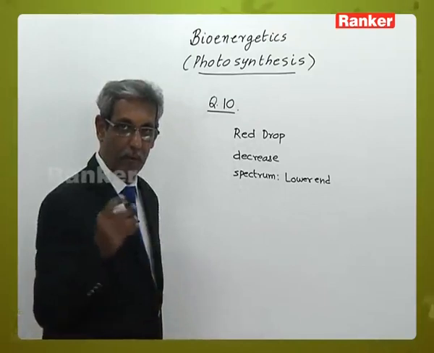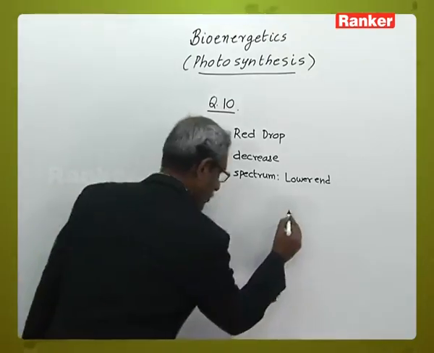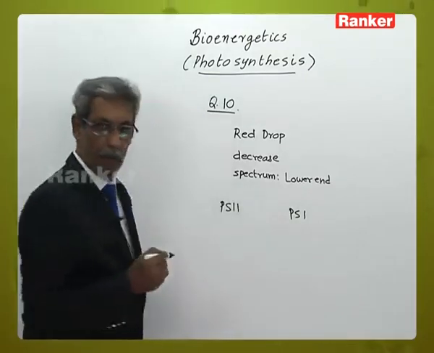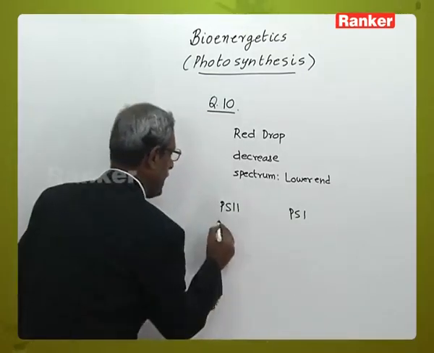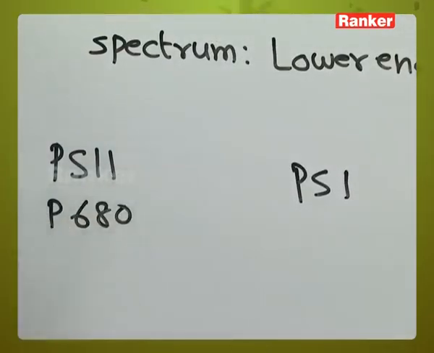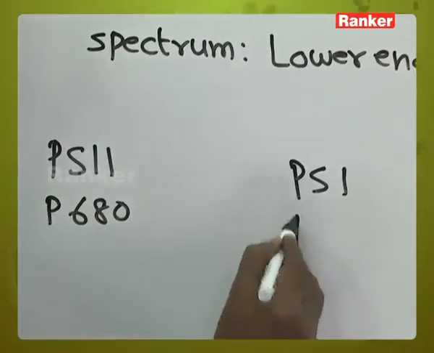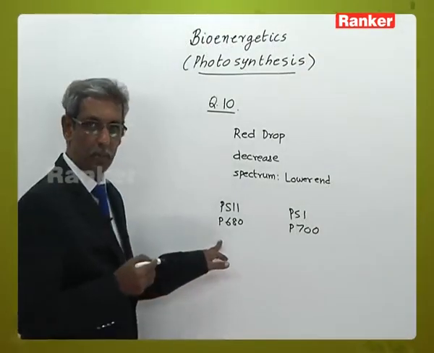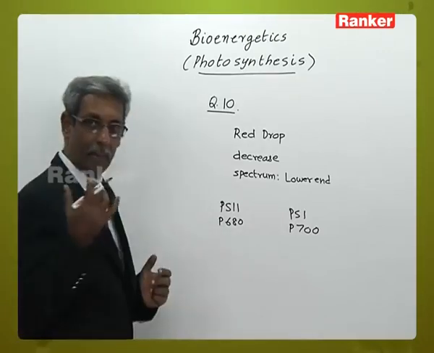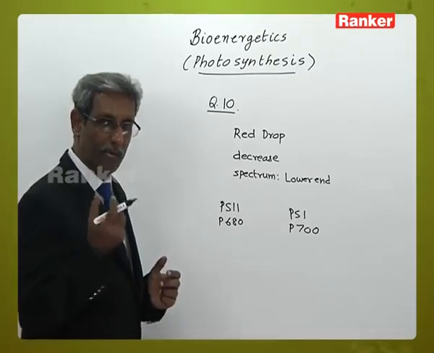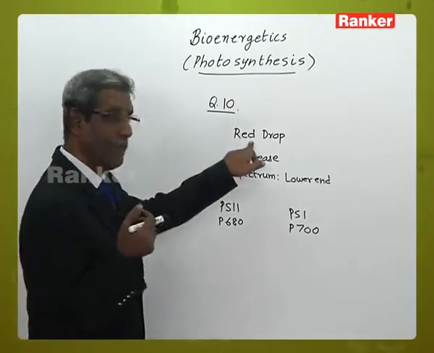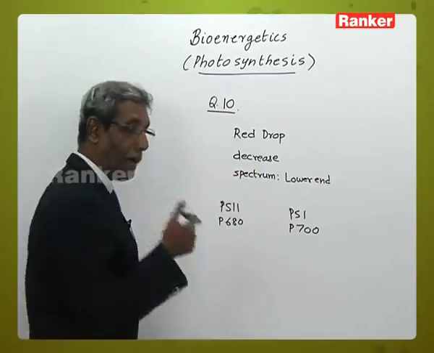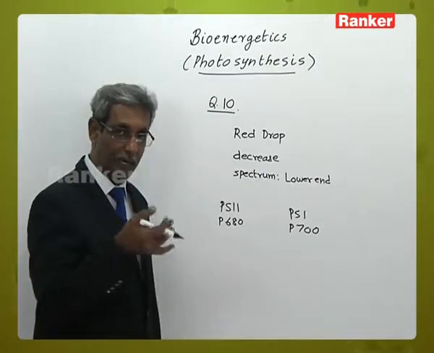So primarily when you take photosynthetic reactions, we have photosystem 1 and photosystem 2. Photosystem 2 relates to P680, and photosystem 1 relates to P700. So this is the lower end of the photosystem 2. Whenever we take plants, microorganisms or algae, and give them red light, we find that the photosynthetic efficiency falls or declines.